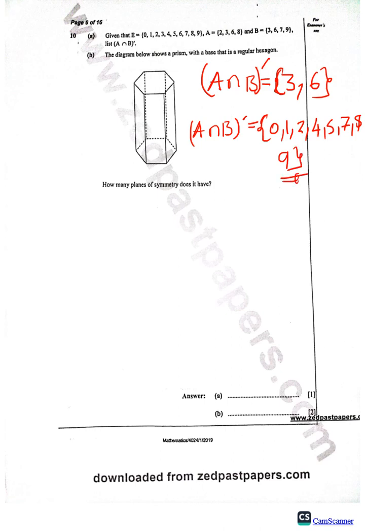Then question B, the diagram below shows a prism with a base that is a regular hexagon. So a hexagon is a polygon with 6 sides. So you can see we have 1, 2, 3, 4, 5, 6. Now the word regular means the sides are equal.